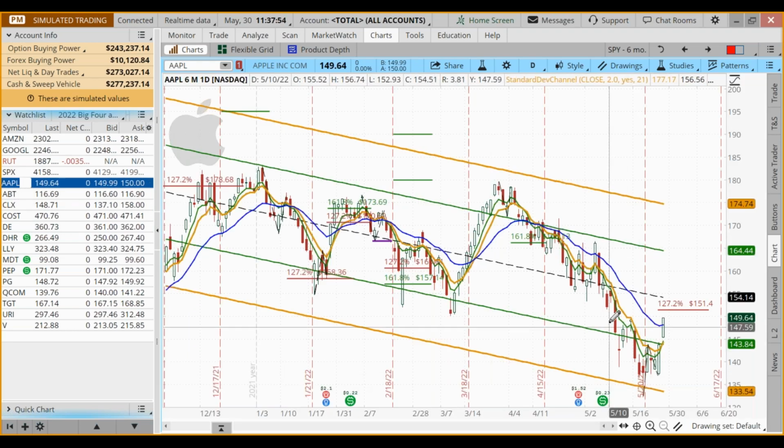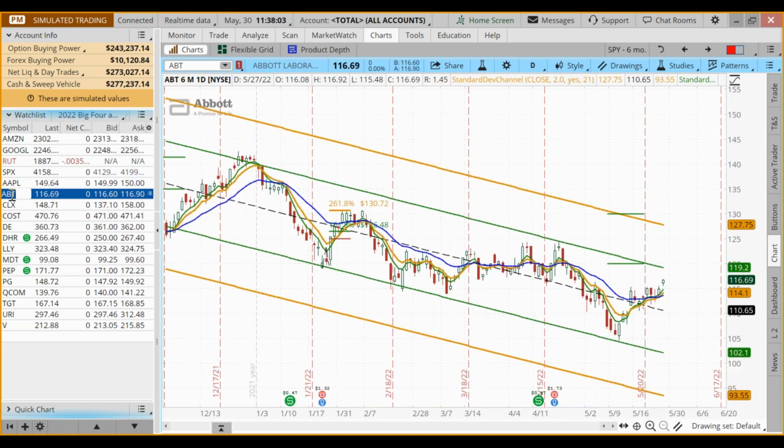Apple came down to the -2, came back up, made a measured move. We are in a bull put on Apple. Abbott Labs, looks like we just got out of a trade that was a bear call that went against us.